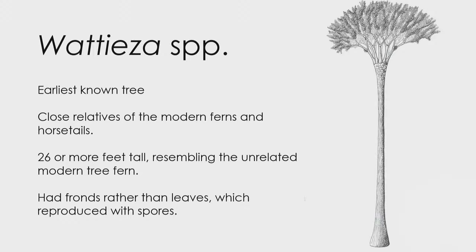A frond is, when you see a fern, that leafy part coming out of the ground, that's a frond. So this is basically a tree with these fronds on top. And if you go around to a lot of our modern ferns and look on the underside of the leaf, if it's a fertile frond, you'll often see those sporangia on the underside. And so this was kind of the same way, except higher up in the canopy.